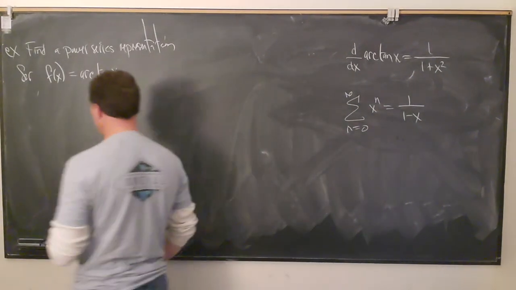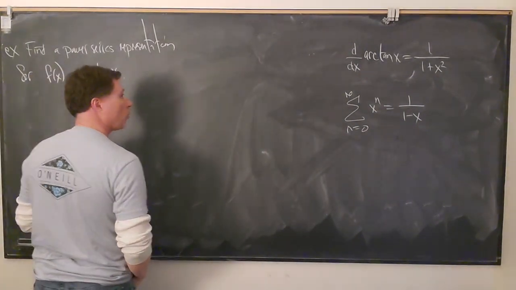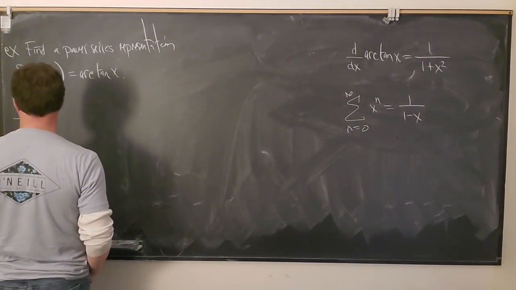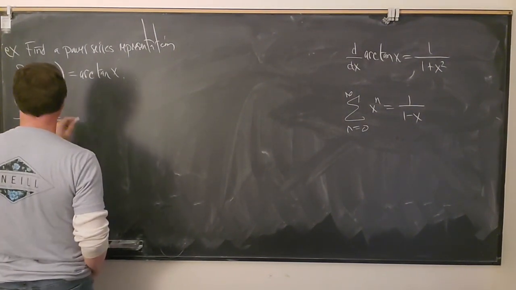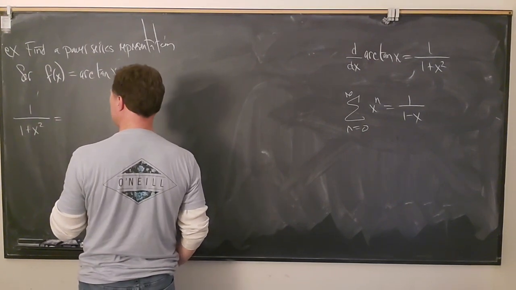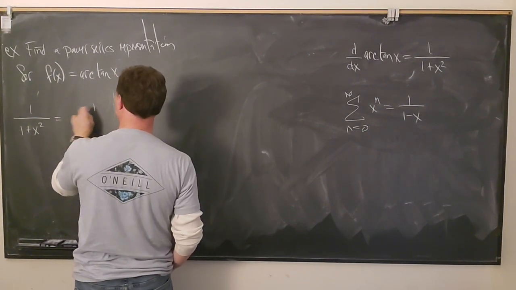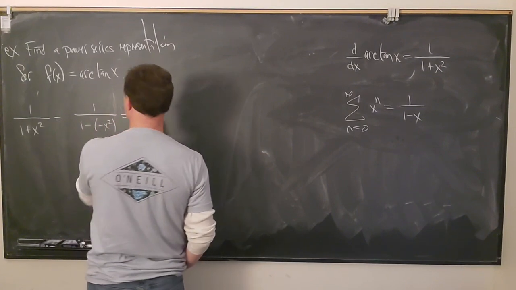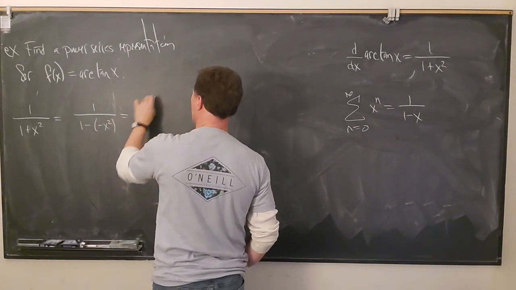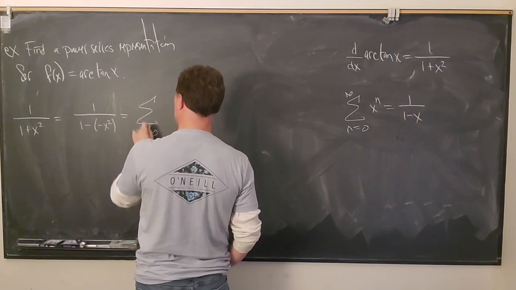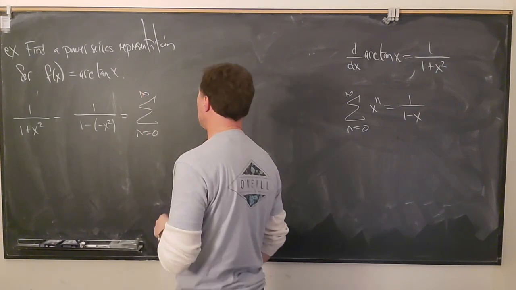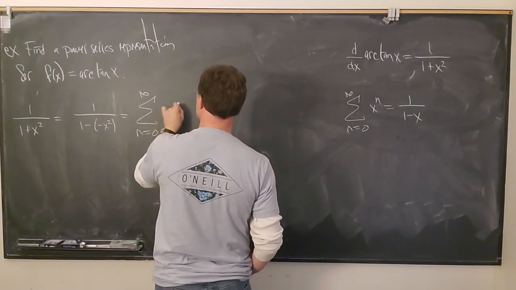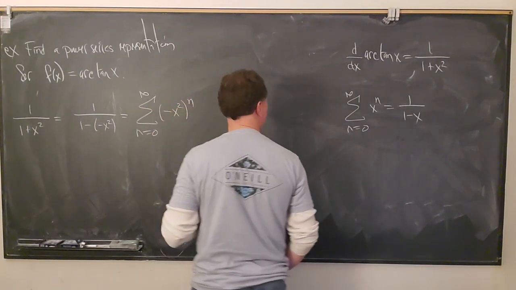So here we go. We know that 1 over 1 plus x squared, let's write it like this, is 1 over 1 minus negative x squared, which is equal to, now I'm going to use our geometric series formula, the sum from n equals 0 to infinity of (minus x squared) raised to the nth power.